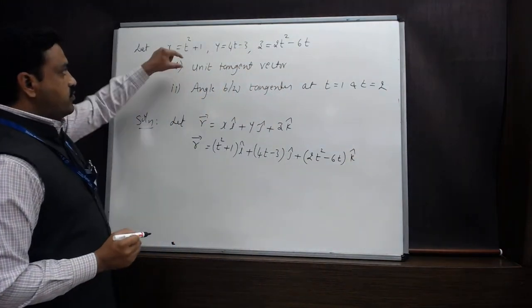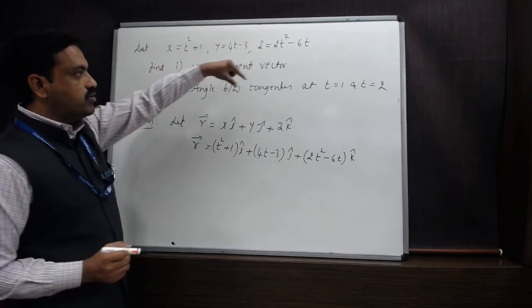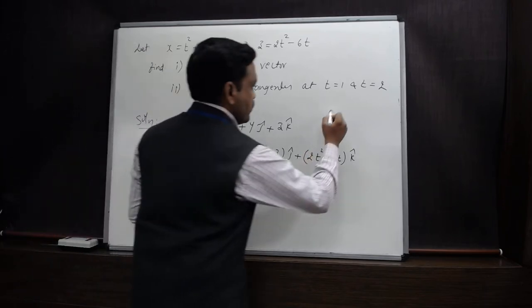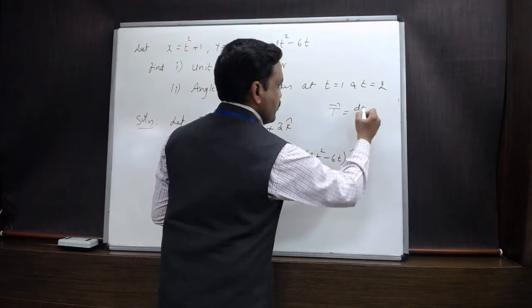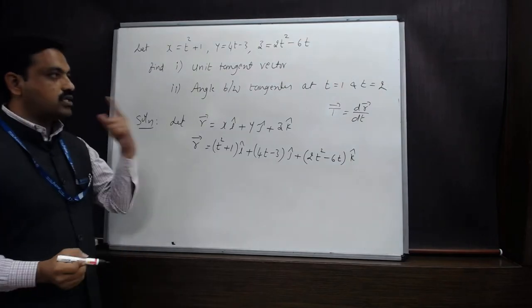First we have to calculate the unit tangent vector, as well as, in the second question, the angle between the tangents. Anyhow, we know that the formula of the tangent T is equal to dr divided by dt, the differentiation of r with respect to t one time.